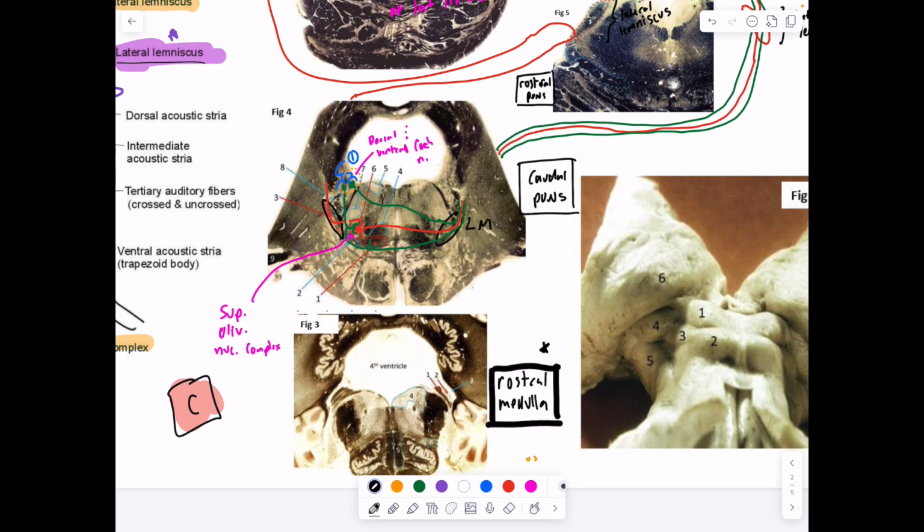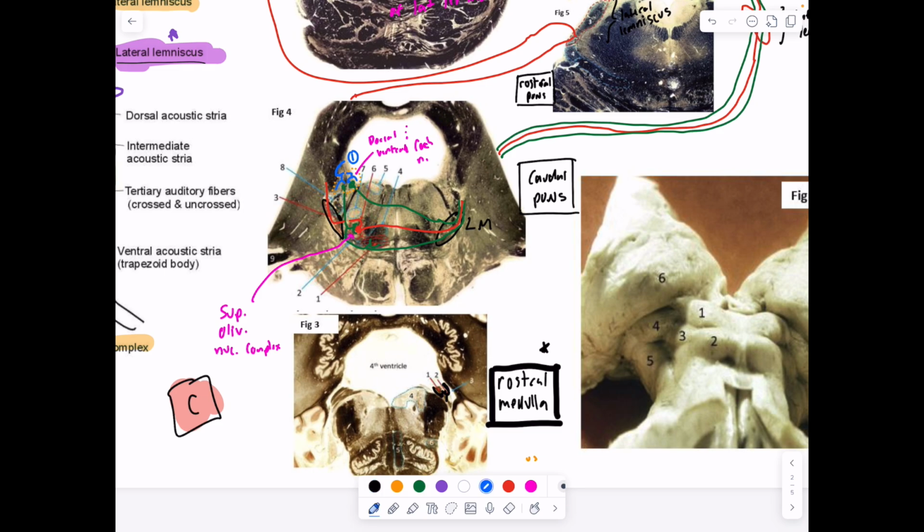So right here, you have the nerve fibers of the cochlear nerve, or the ganglion fibers, and then you have the cochlear nerve cells right here. All right, so ganglion, and then this is going to continue up here.